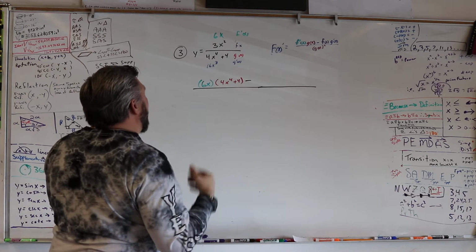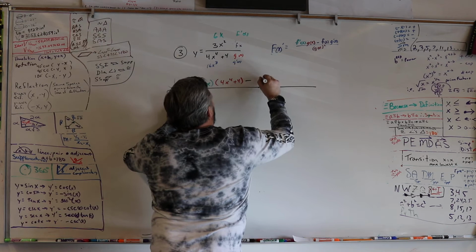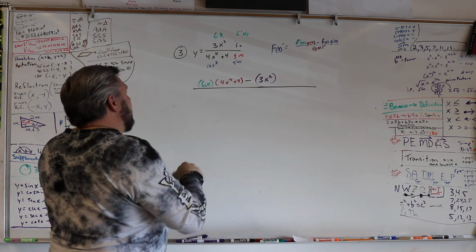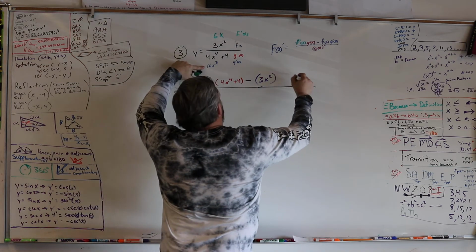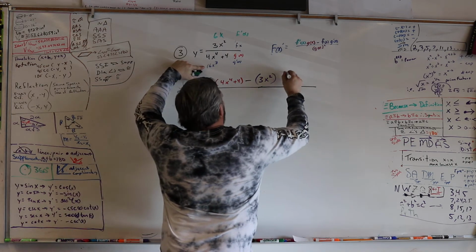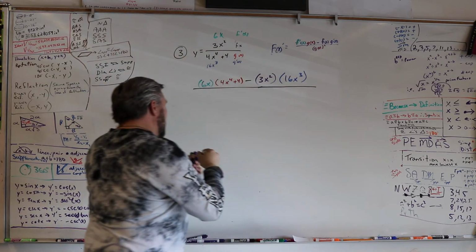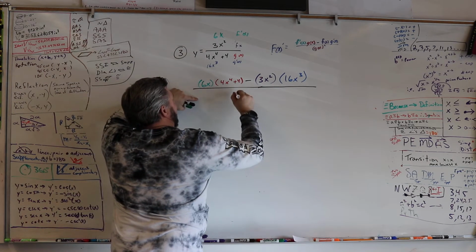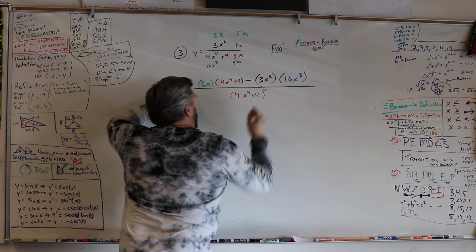So minus f of x, which is purple, which is 3x squared, times the g prime of x, so the derivative of the bottom, which is times 16x cubed, all over the original g of x, 4x to the fourth plus 4 squared.